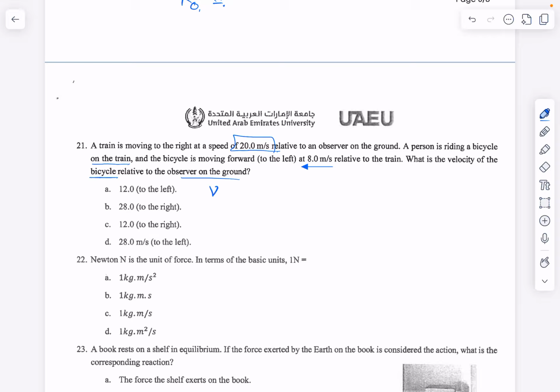So VBO, bicycle to observer, equals bicycle to train plus train to observer. So minus 8 plus 20, which is 12, because it's moving in the opposite direction. That's why we take minus. So 12.